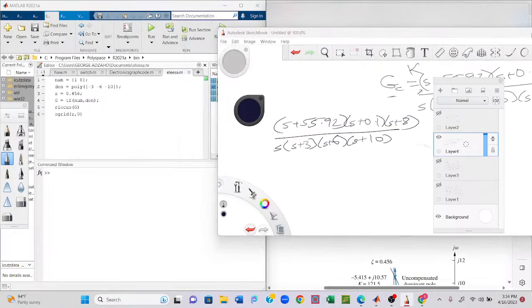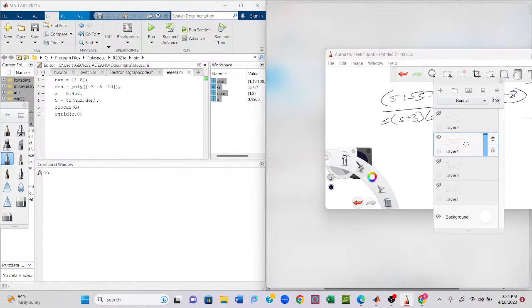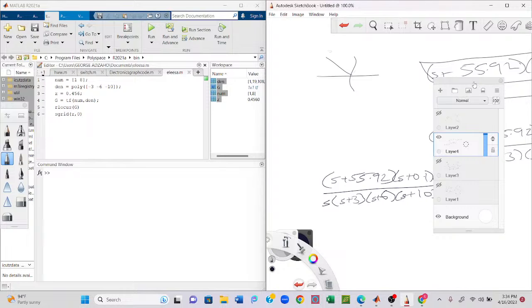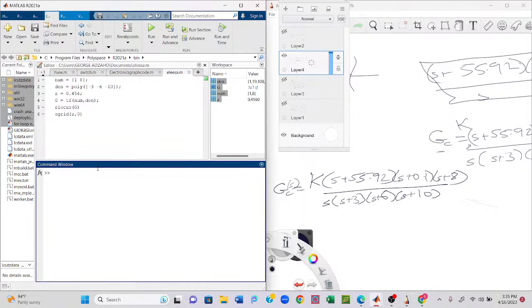We are coming to plot this compensated system and find your gain. Plotting this, now you assign your numerator to any value. Let's correct it.